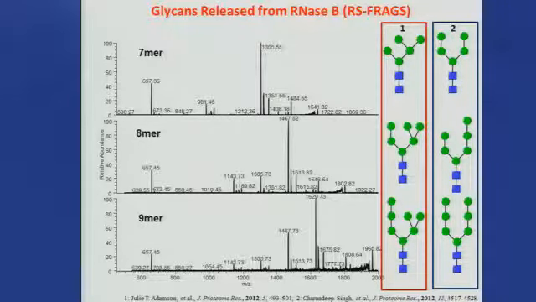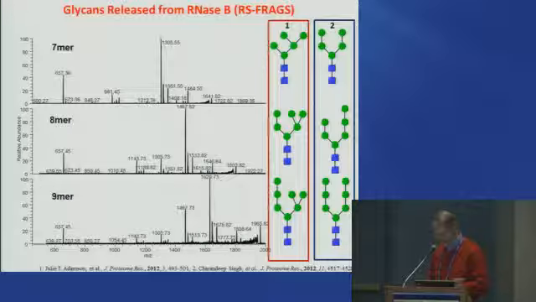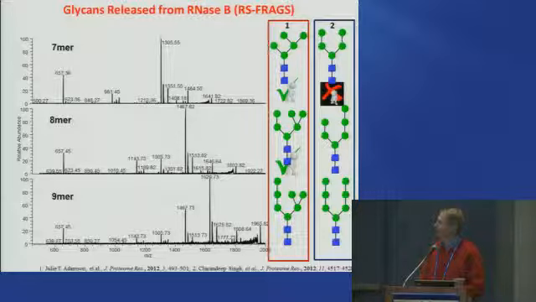Researcher 1 had this structure, researcher 2 had this, similarly here and similarly here. All right, so we checked this out with our reagent, and they got that right, and that's wrong. For the 8-mer, that's right, and that's right. Both structures are actually present, so it's a mixed structure. For the 9-mer, that's wrong, and that's wrong.